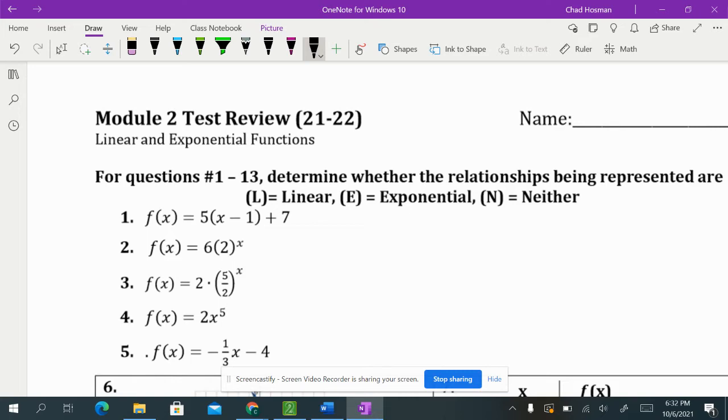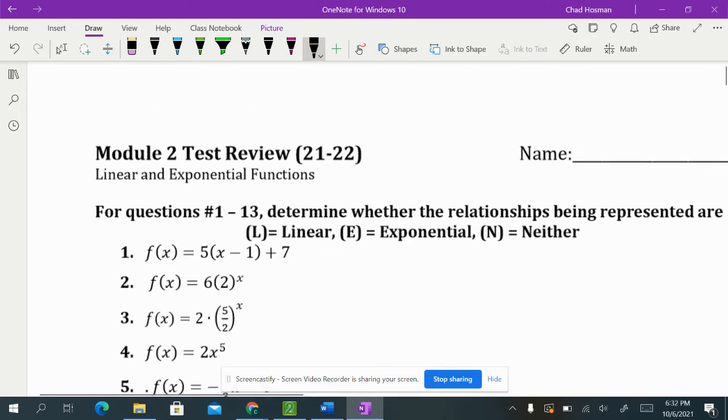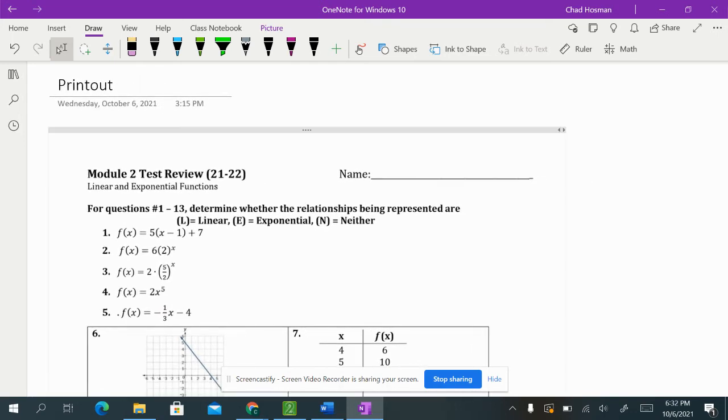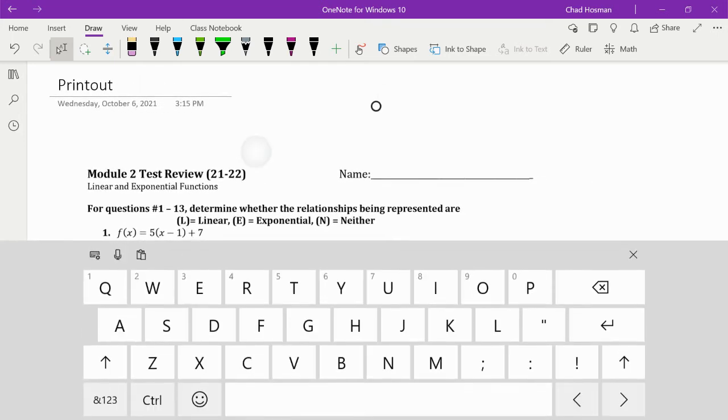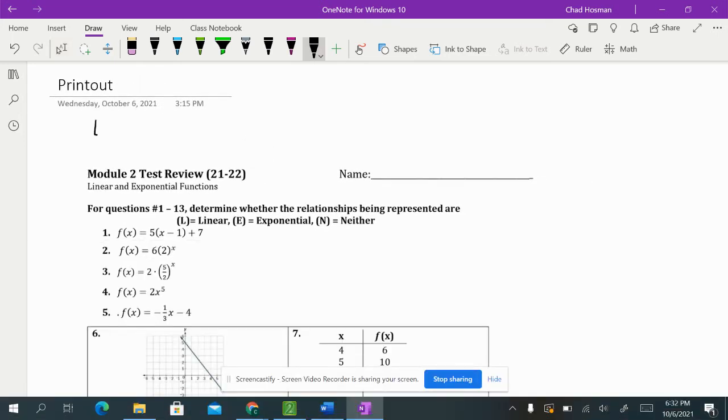And then if we take a look at it, it looks like it's in point slope form, right? And if you remember, our linear equations are y equals mx plus b, that's our slope-intercept form.